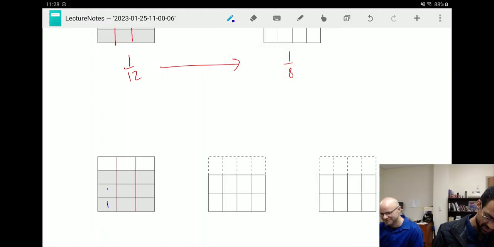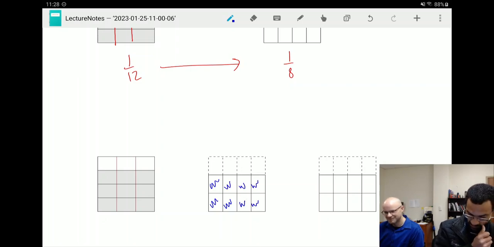So we have 1, 2, 3, 4, 5, 6, 7, 8, 9 pieces. Let's go ahead and start transferring that over. So we got 1, 2, 3, 4, 5, 6, 7, 8. This bucket's full. Let's go to the next bucket. 9. We have now 9 pieces. And how big are those pieces? They're eighths.